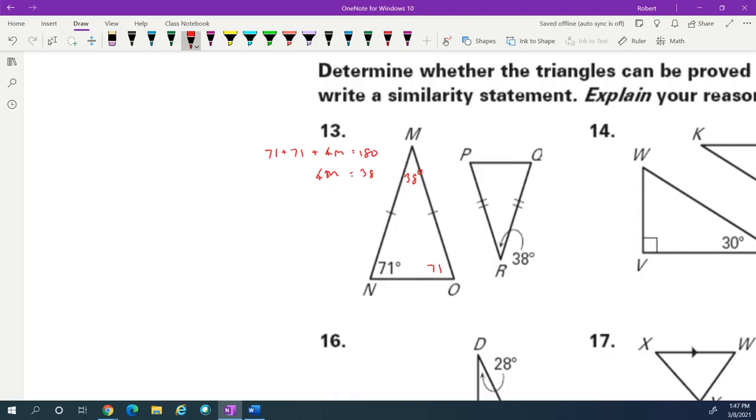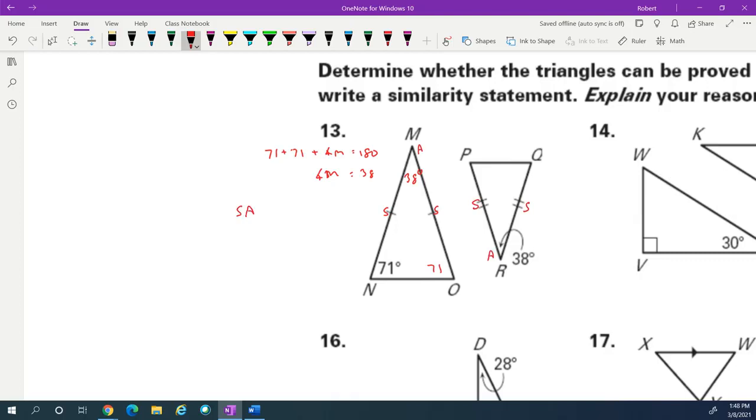So it doesn't matter what happened from the first triangle to the second triangle. It looks like it got smaller, but those two legs got smaller using the same scale factor because it stayed isosceles. So we have a pair of sides that are proportional to a pair of sides, and we have the angle between them.